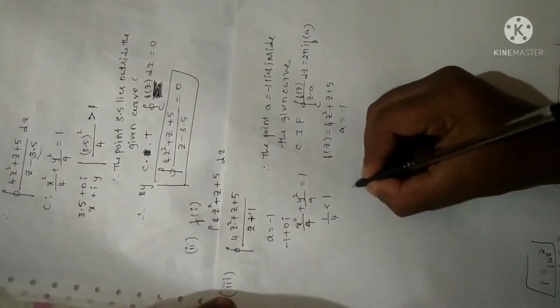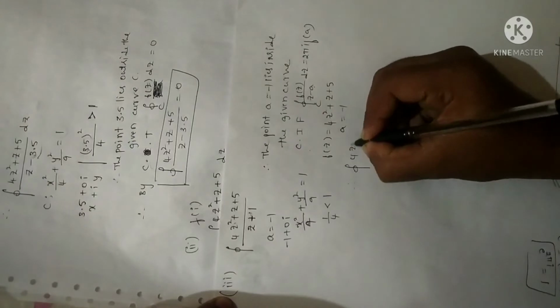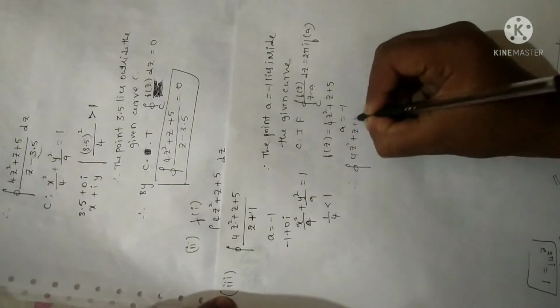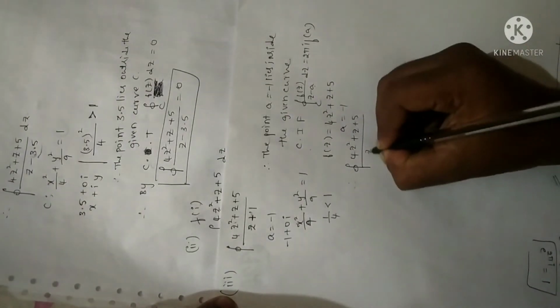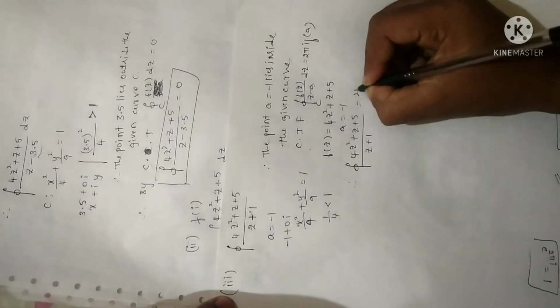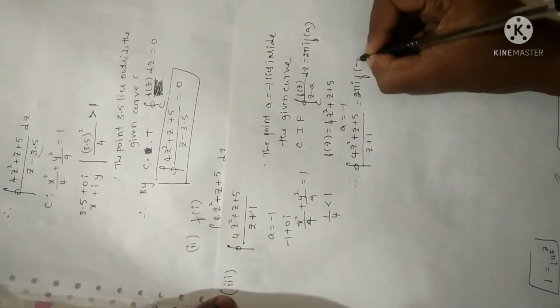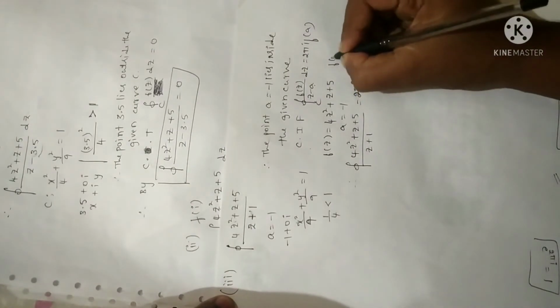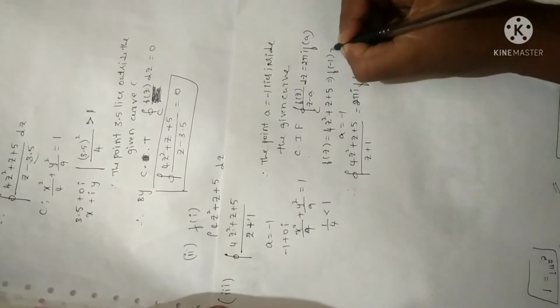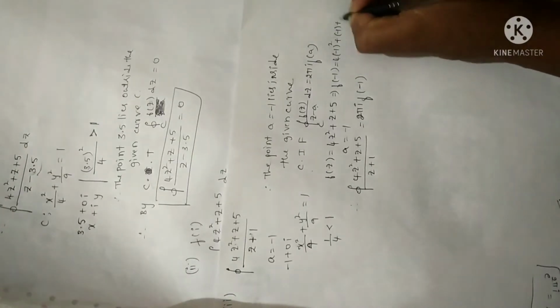Fine. So therefore I can write integral 4z square plus z plus 5 divided by z plus 1 will be equal to 2 pi i into f of a. A value is -1. So let me find f of -1 value. That is, replace z with -1 whole square minus 1 plus 5.